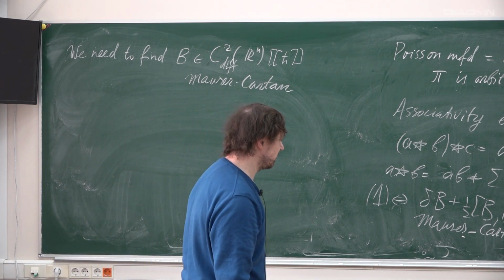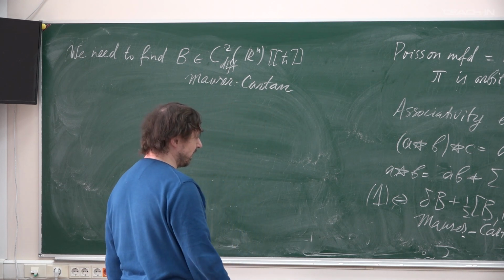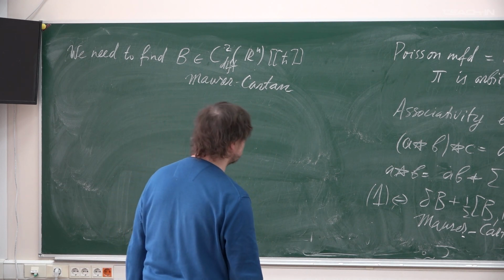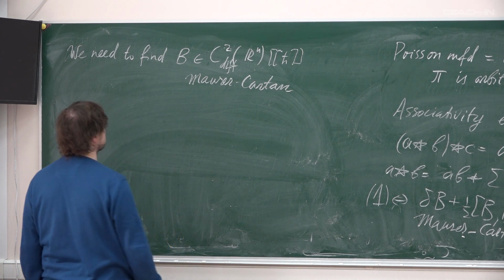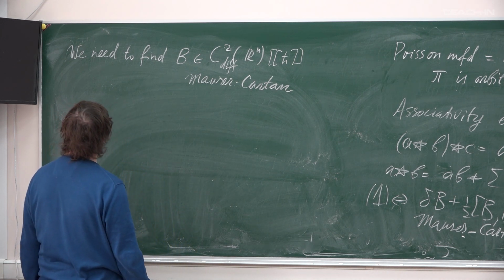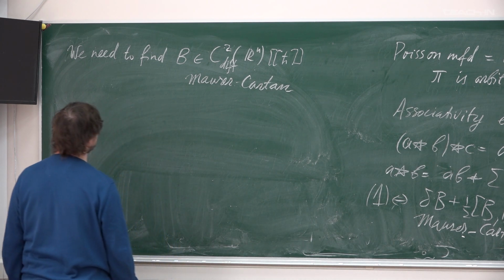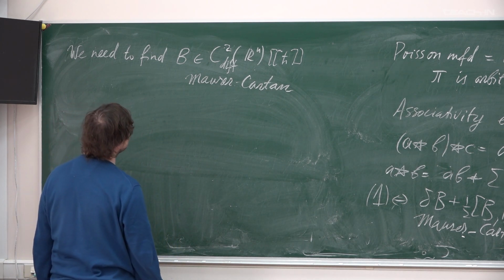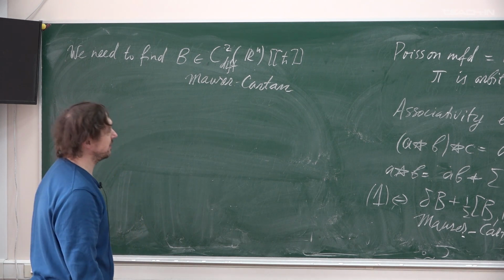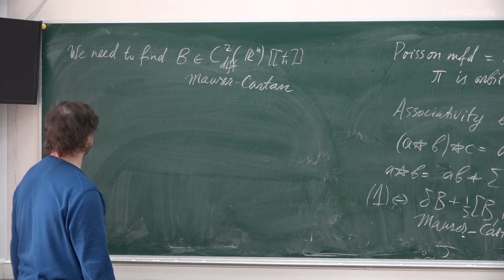This Maurer-Cartan equation is in fact ubiquitous in this field of study, in this branch of mathematics and information theory. And in fact, we already have an element which verifies this Maurer-Cartan equation.